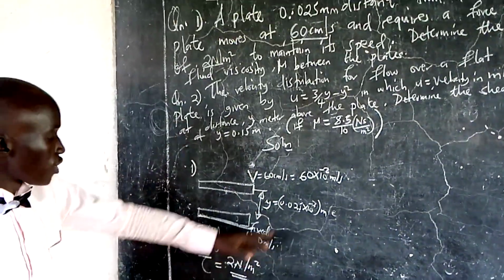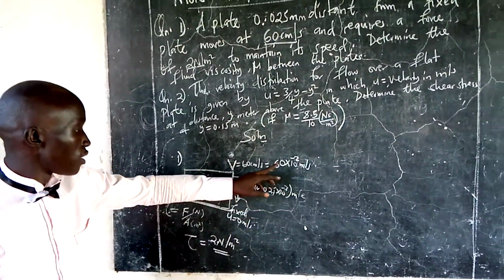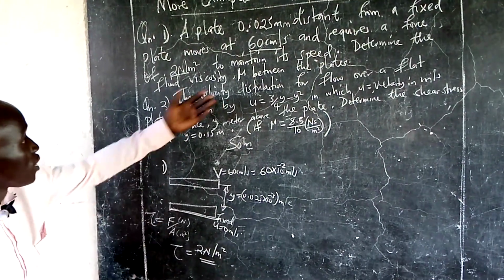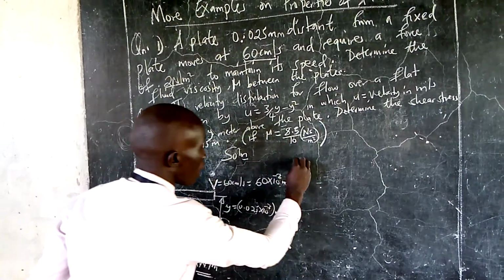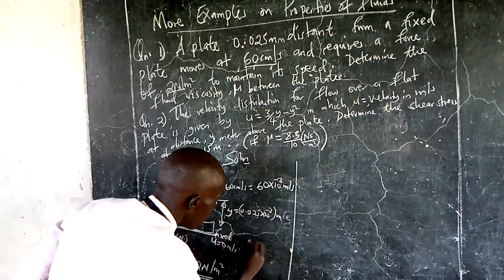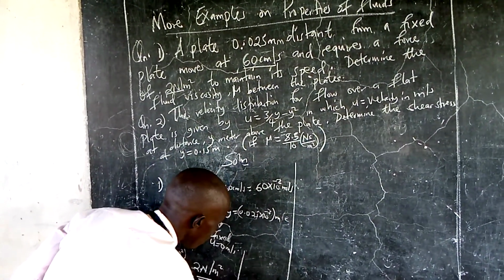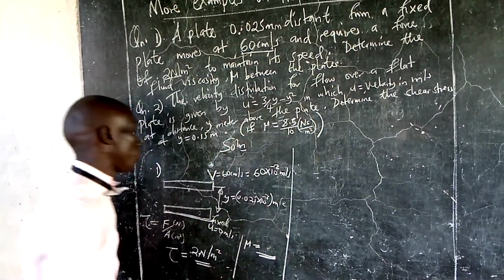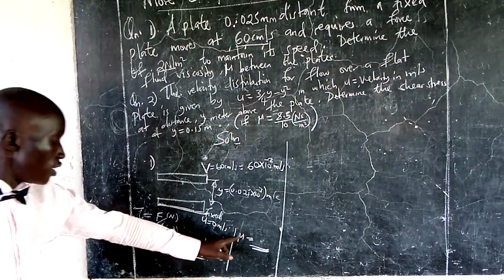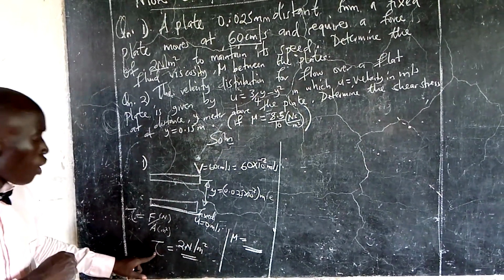So they've given us y, they've given us this, so they want us to get mu. That's our dynamic viscosity. So what is mu? That's what they're asking. Our mu, we don't know. So we want to get mu, but we have the shear stress tau and the y.